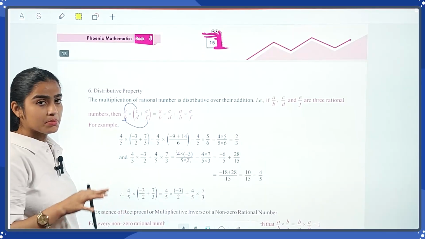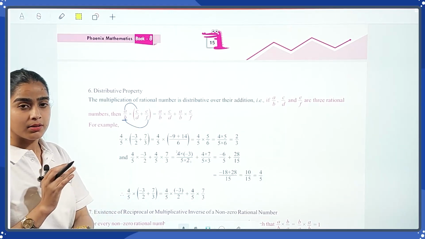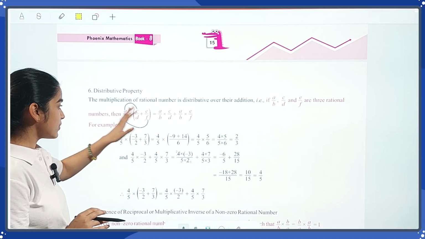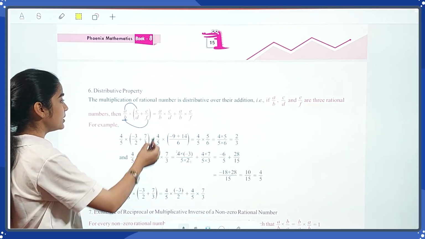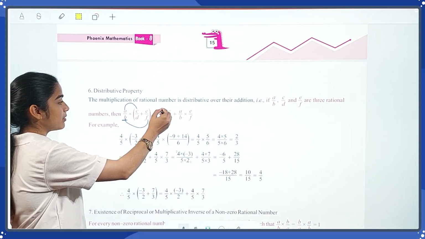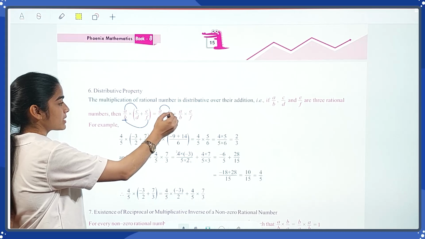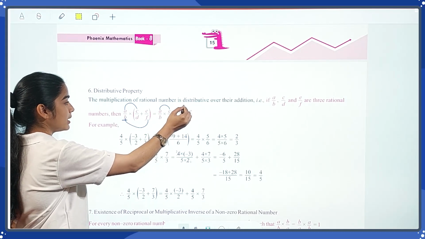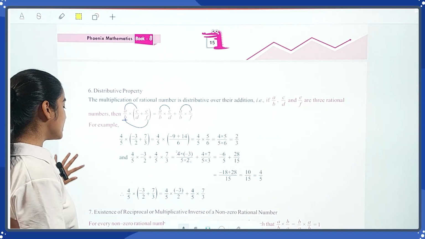Your result will remain the same. It is totally up to you: you can add the bracket numbers first and then multiply with the outside rational number, or you can separately multiply the outside number with each number inside the bracket. So, a by b multiplied by c by d, plus a by b multiplied by e by f, and then add their products. Your result will remain the same.